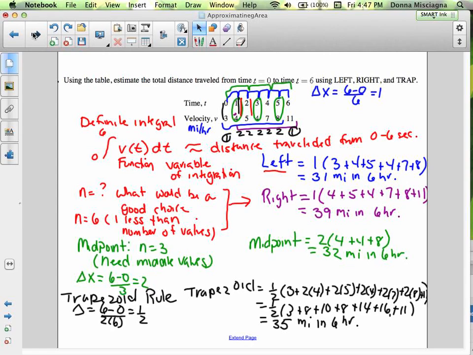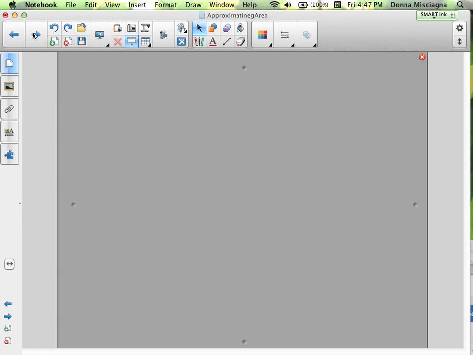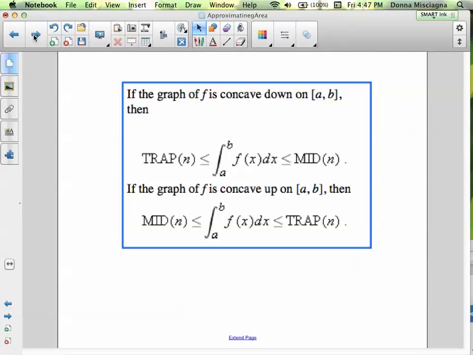So some concluding notes before I end this video. The first is looking at overestimating and underestimating for midpoint and trapezoid. If the graph is concave down, then the trapezoid rule is an underestimate. The midpoint is an overestimate.